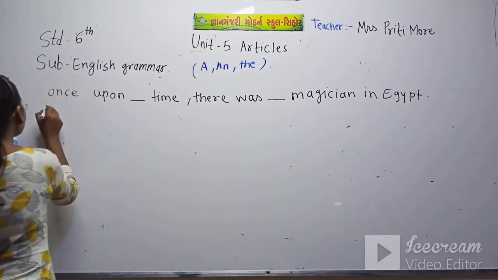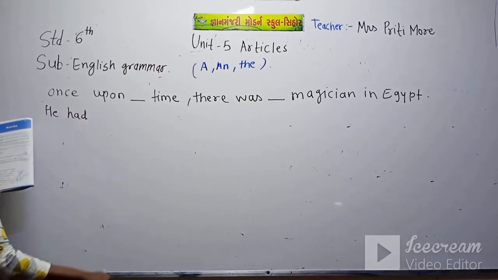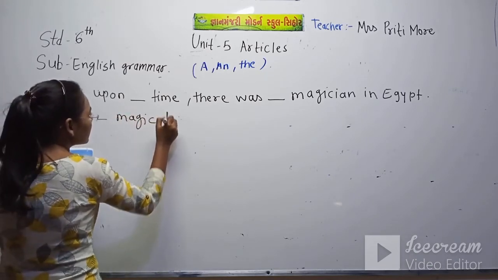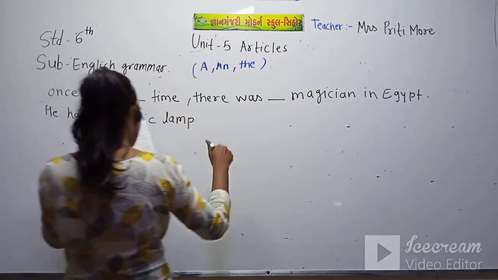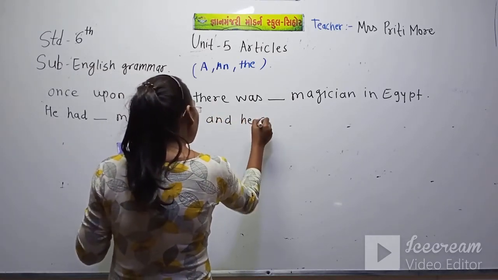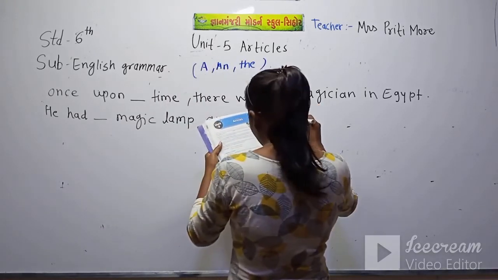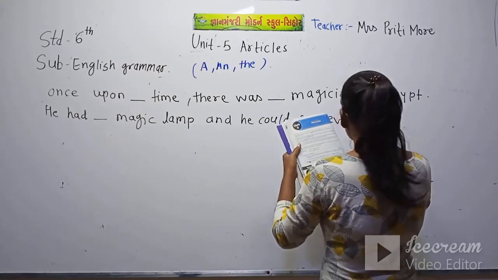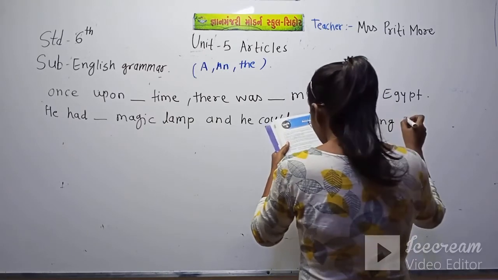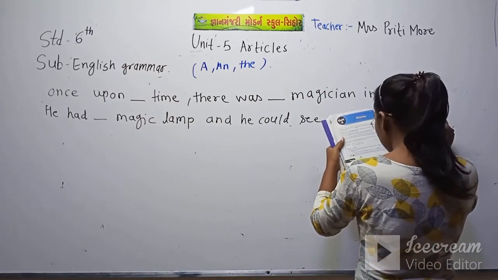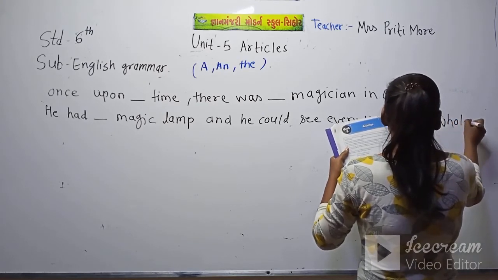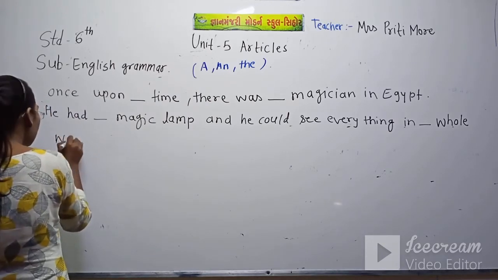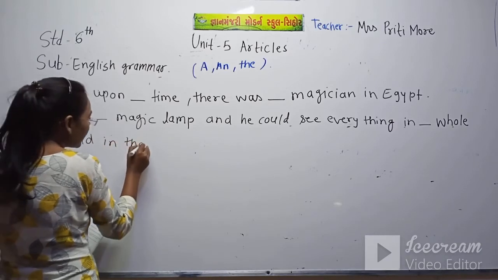He had blank space magic lamp, and he could see everything in blank space whole world in that lamp.